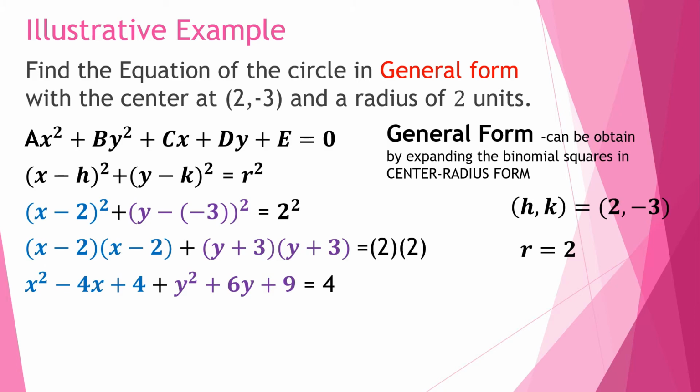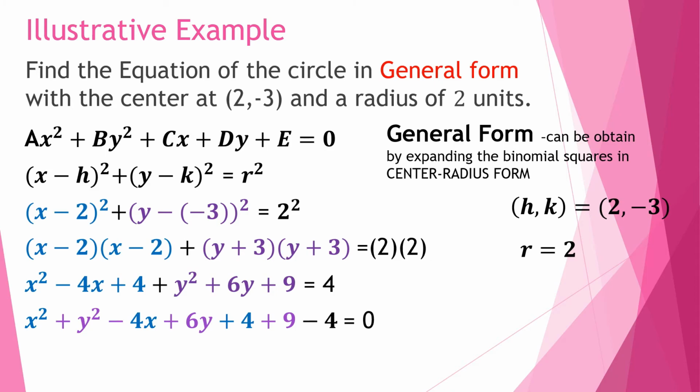After performing the multiplications, we're going to rearrange our terms so that we can have the form ax squared plus by squared plus cx plus dy plus e equals 0. That will give us x squared plus y squared minus 4x plus 6y plus 4 plus 9 minus 4 equals 0. Notice that it is already arranged similar to our general form.